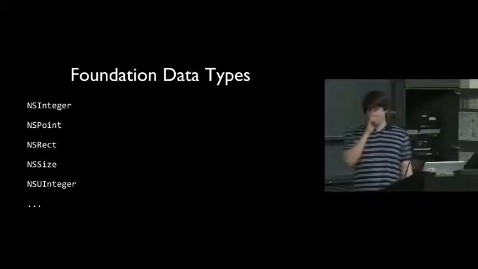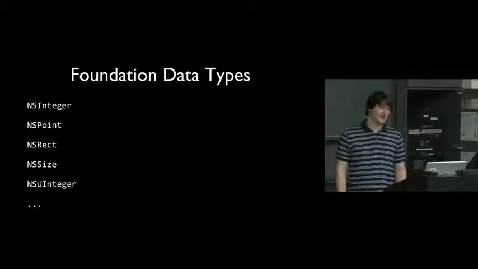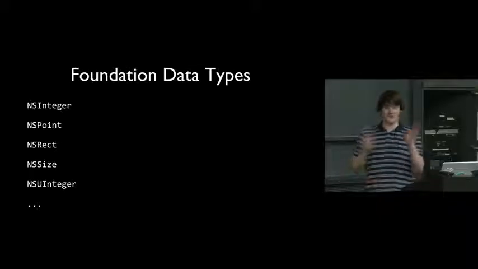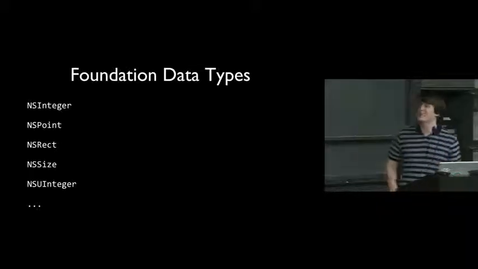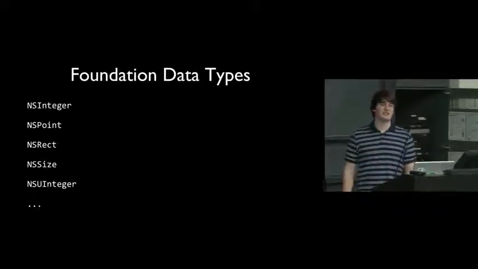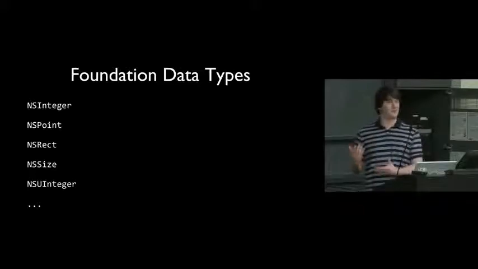So they exist for various legacy reasons, and NS_integer exists as sort of this weird bridge between 32-bit and 64-bit. When you're looking at documentation and you see that this function returns an NS_integer, use an NS_integer variable. So none of these are object types.